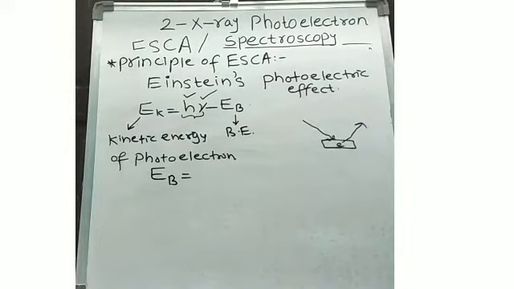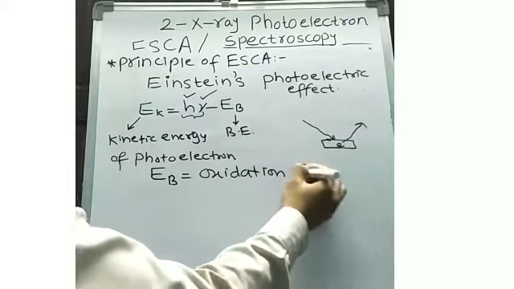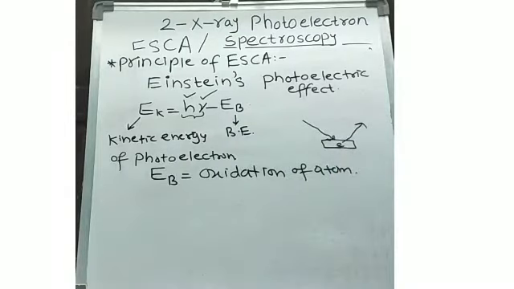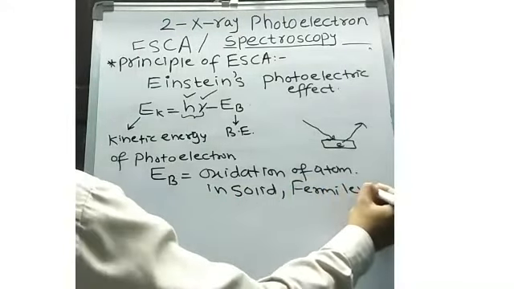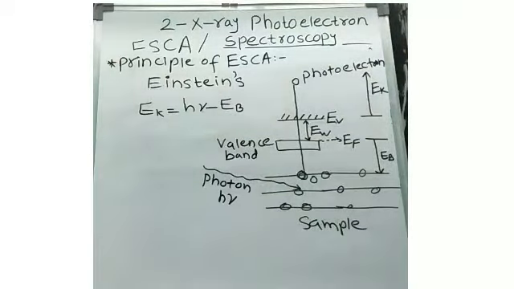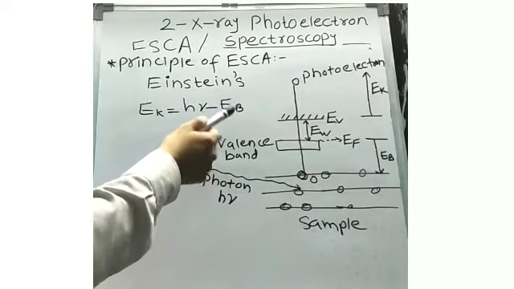Now here Eb, the binding energy of the ejected electron, depends on the oxidation state of the atom, and in solid it is measured as a Fermi level. Why is the oxidation state involved?